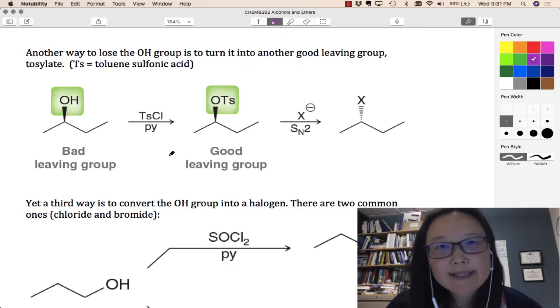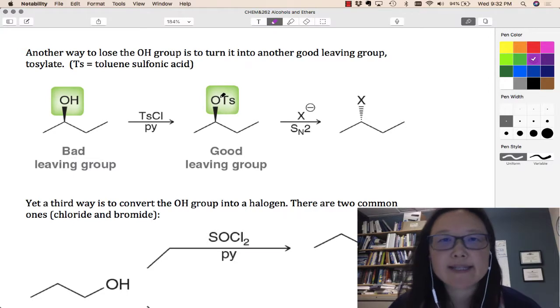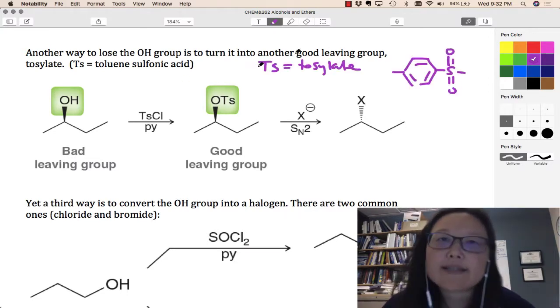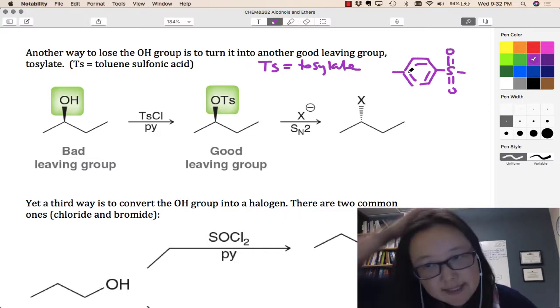Now another way to do this reaction that's very effective is to change the OH group into a different leaving group like a halogen or a resonance stabilized tosylate ion. So tosylate, let me draw that out for you. TS is for tosylate. It's toluene sulfonic acid. It's an ester of that.